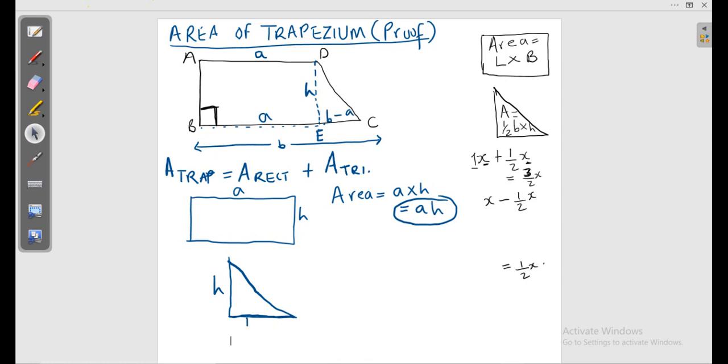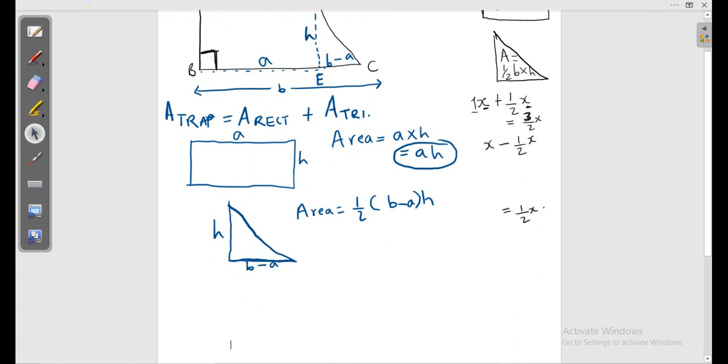So this is b minus a, and that makes the area half base times height. Then the area of the trapezium will be the area of the rectangle, ah, plus the area of the triangle, half (b minus a)h.